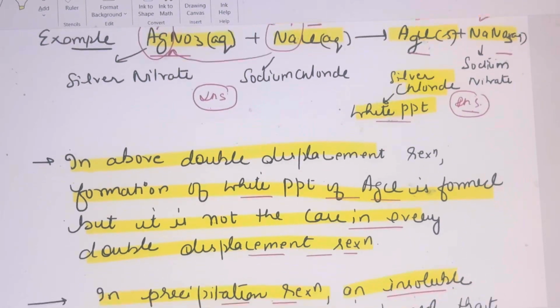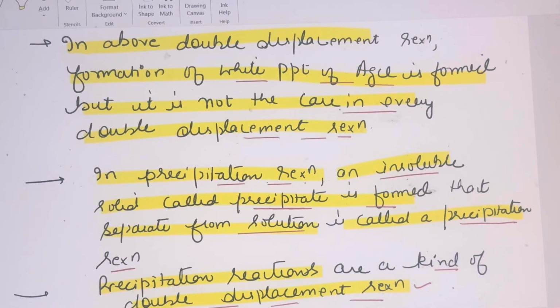So students, precipitation reaction क्या होता है? Whenever in a reaction an insoluble solid substance in the form of a precipitate is formed, that is called a precipitation reaction.